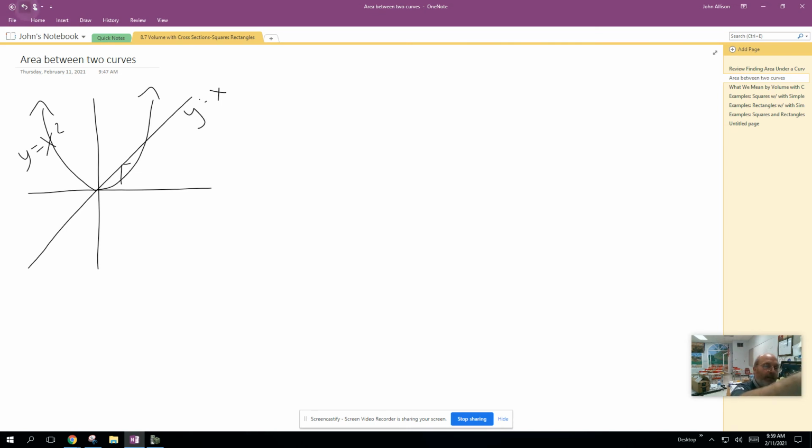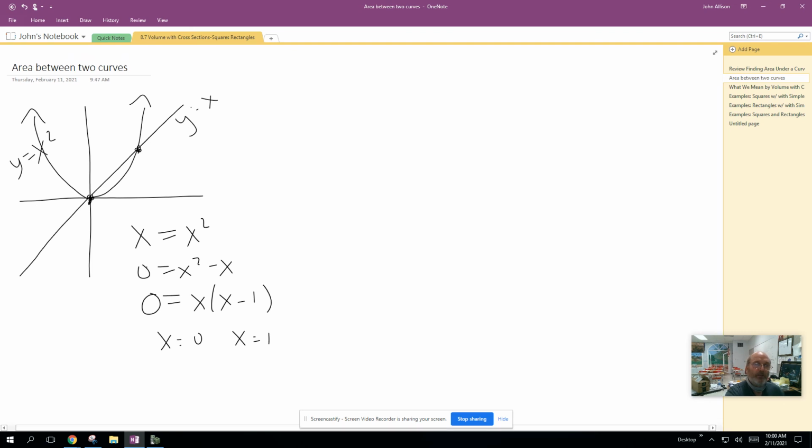So if we're looking for the area of the region bounded by those two curves, we need to find where those two intersect to identify that region. So to find the intersection, we set the two curves equal to each other. We solve this equation. Remember, to solve a quadratic equation, we get everything equal to 0. And if we can, we factor. So we factor out the x. This means x times x minus 1 is 0. So x equals 0 is one solution, and x equals 1 is the other solution. Those are the points of intersection.